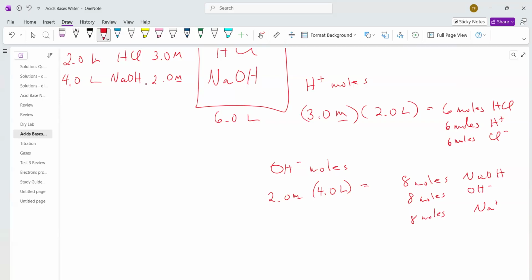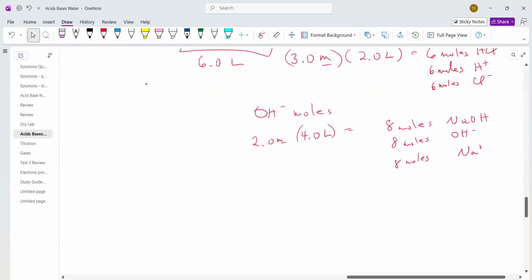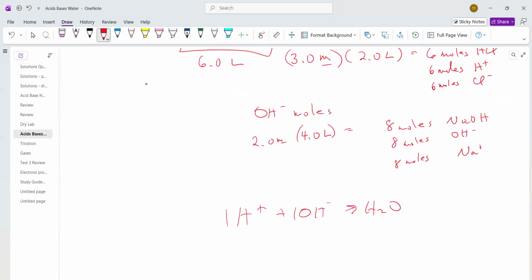Yeah, we have 8 moles of OH and only 6 of H. So after the reaction goes, how many moles of water are we going to make? We make 6 moles of water. We have back up 6 moles and 8 moles.